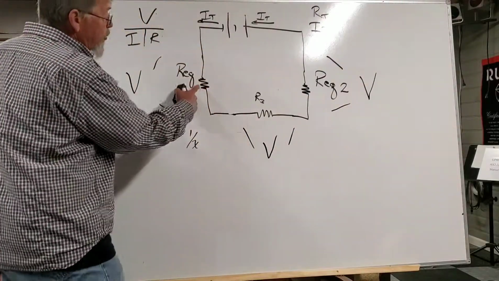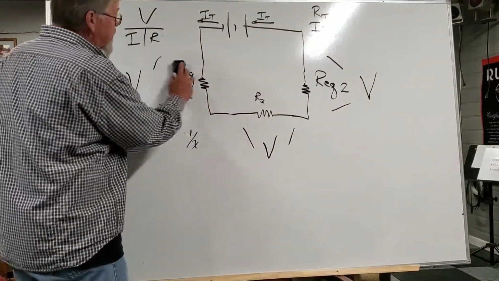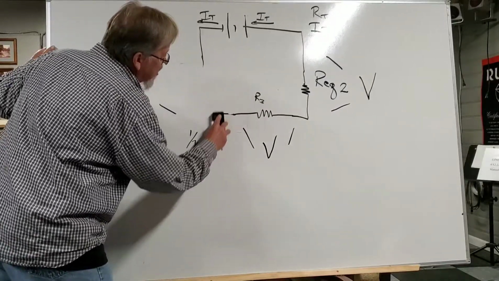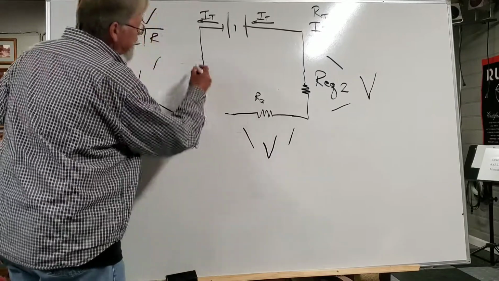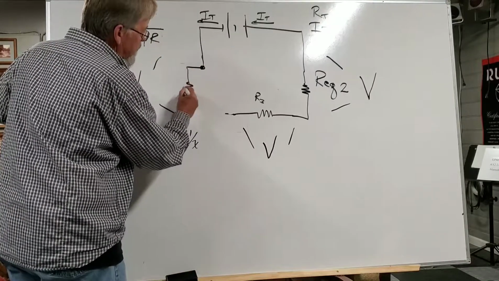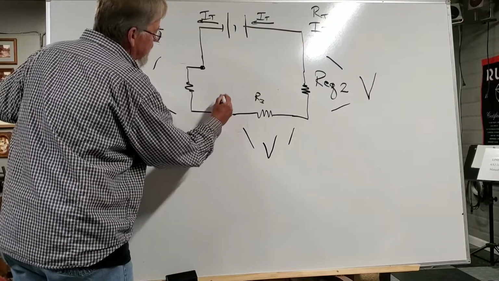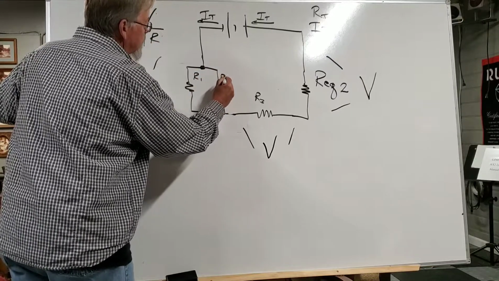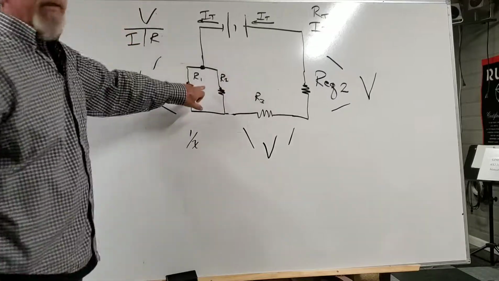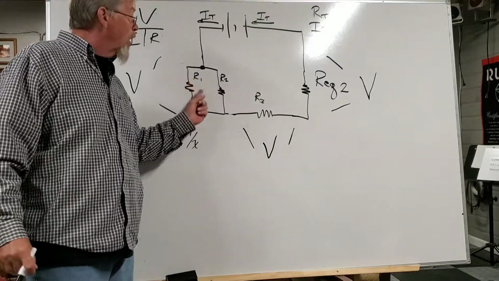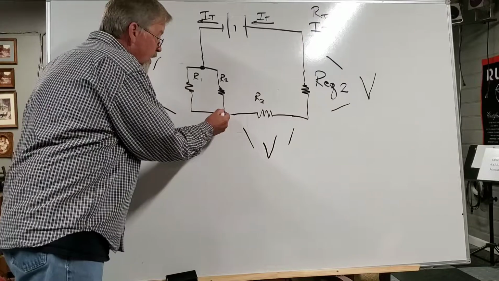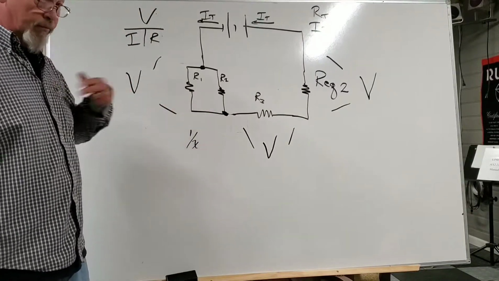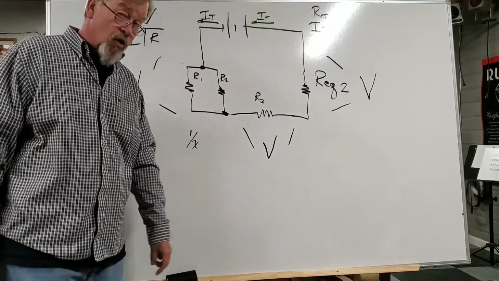Since REQ1 is R1 and R2, and I know the voltage across the equivalent resistance, I know the voltage across R1 and R2.